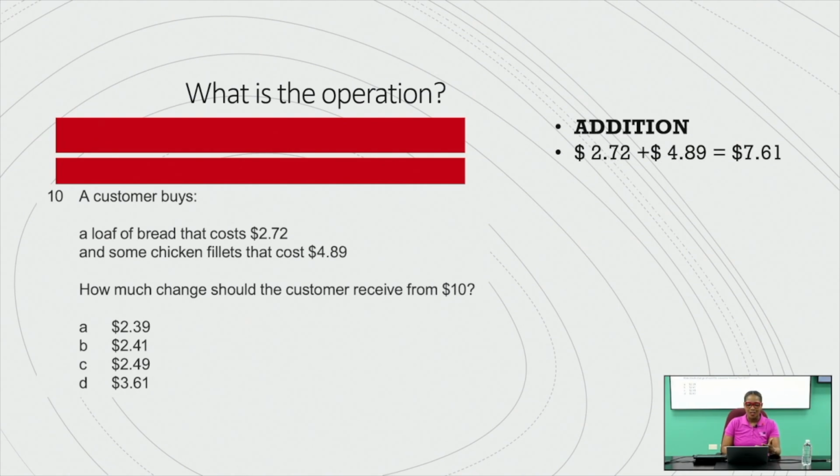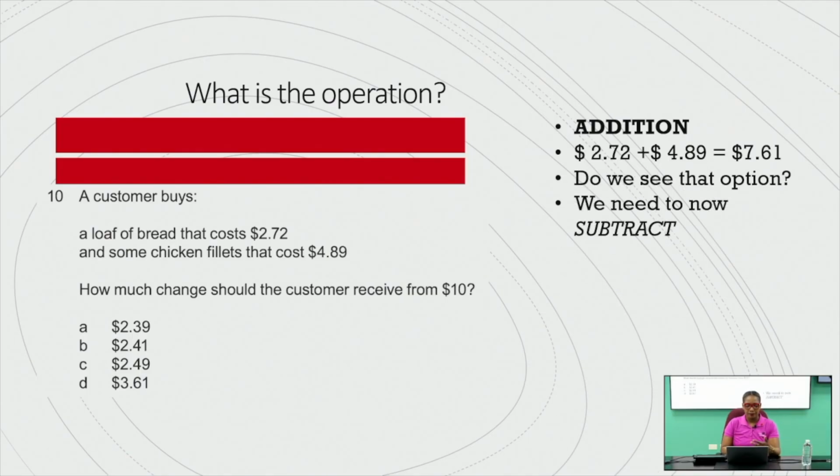So let us do the first operation. We're adding the cost of the bread and the chicken fillet. So it's $2.72 plus $4.89, which gives us a total of $7.61. But the question did not ask us just to add. It asked us, what's the change?